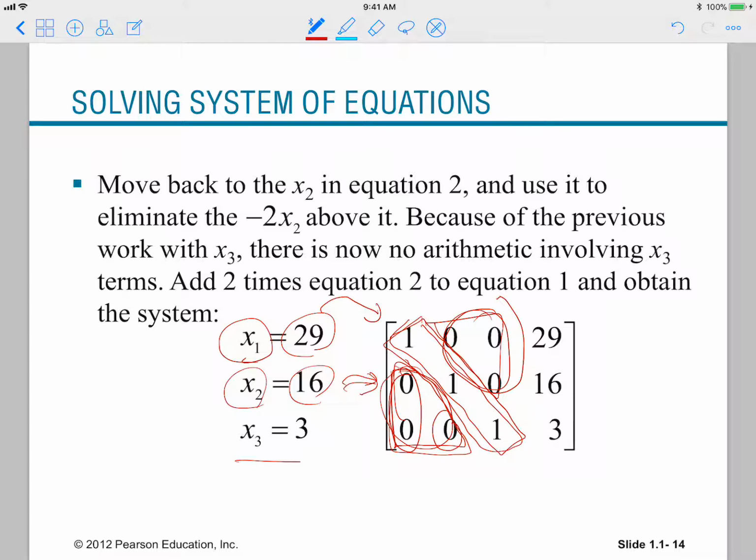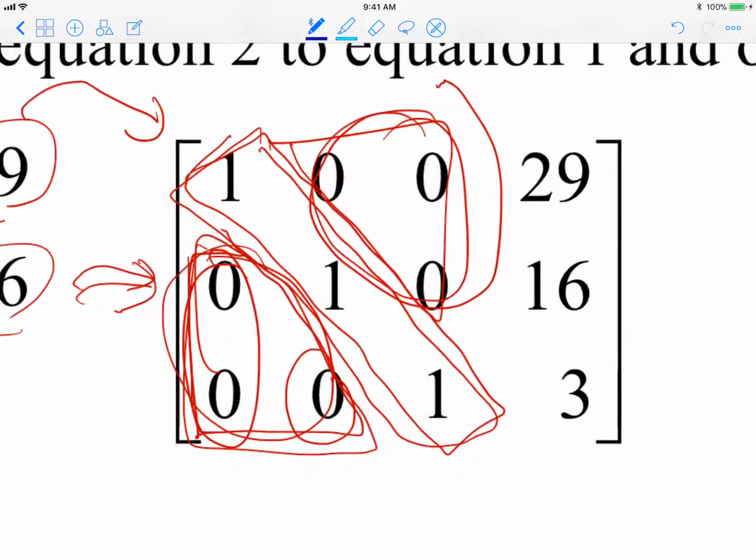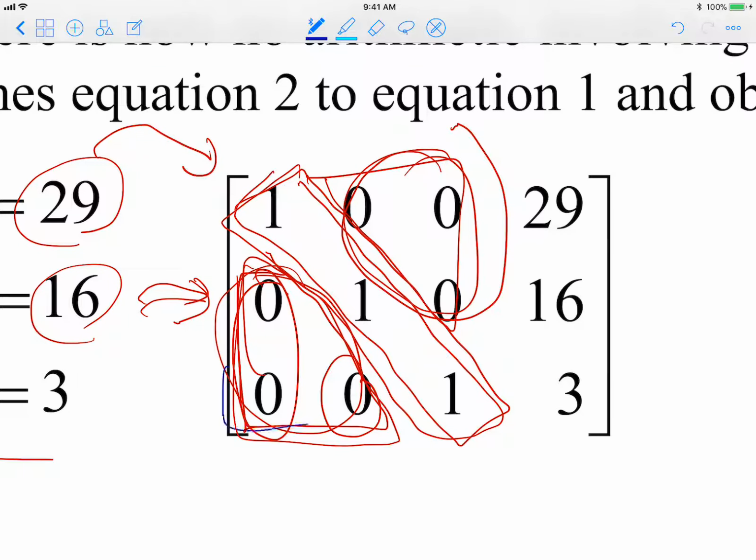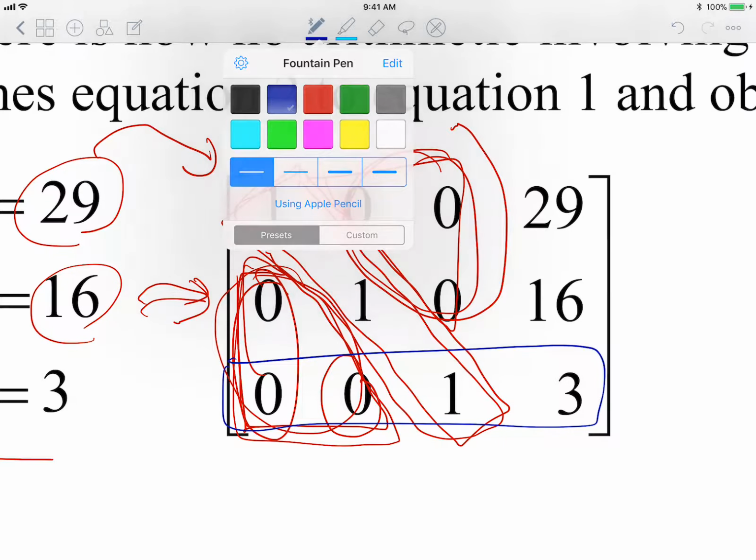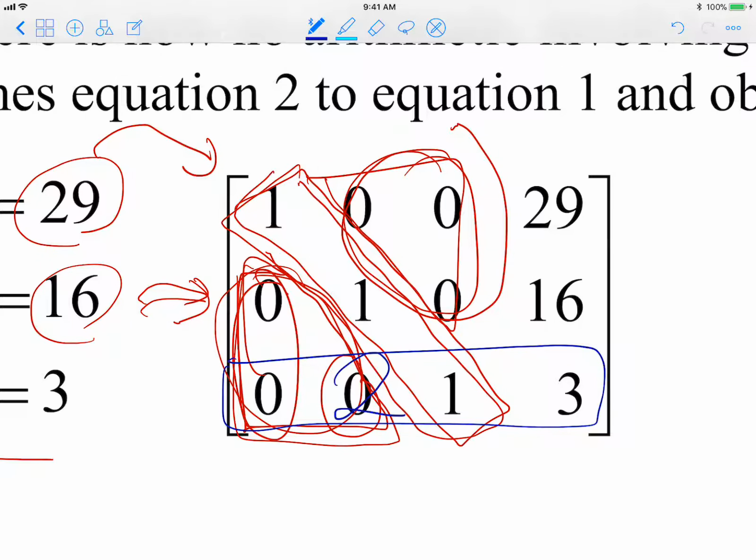For example, suppose we obtained a 2 here, so this value is 2. So we didn't completely remove this value in the previous step.